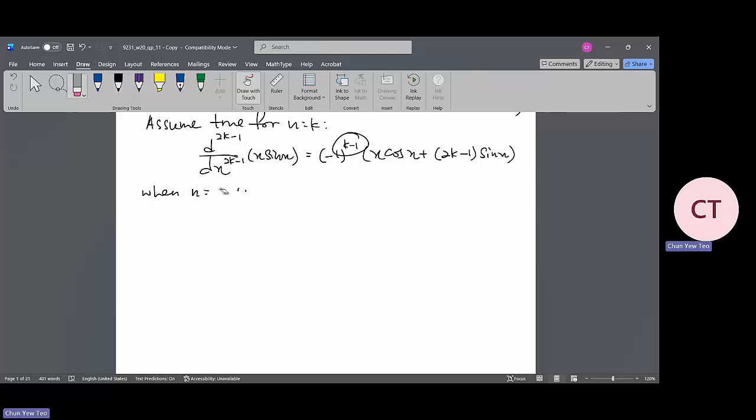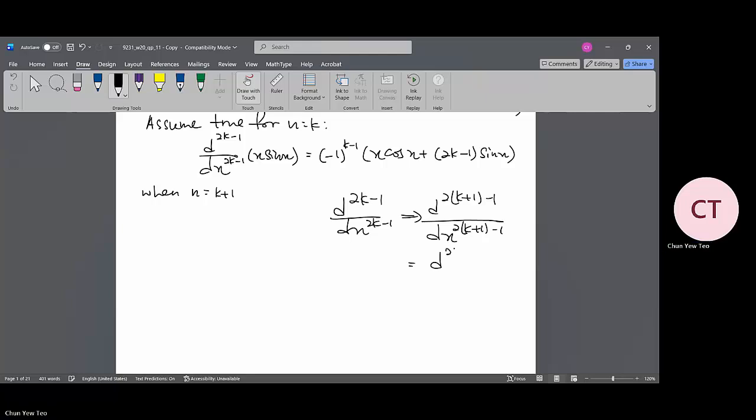However, you have to be careful because when n equal to k, you have d^(2k minus 1) over dx^(2k minus 1). So when n becomes k plus 1, this will become d^(2(k plus 1) minus 1) over dx^(2(k plus 1) minus 1). So this will actually give you d^(2k plus 1) over dx^(2k plus 1).